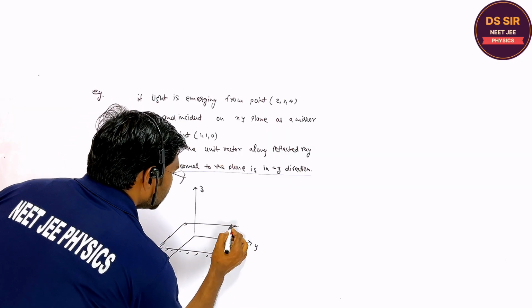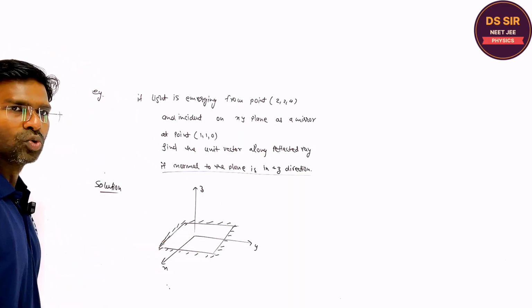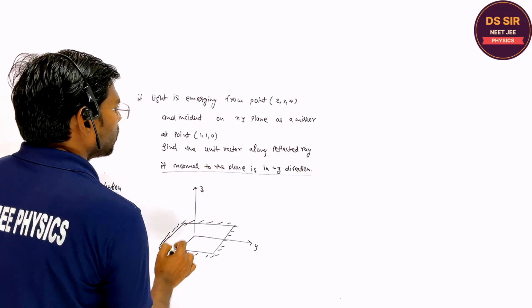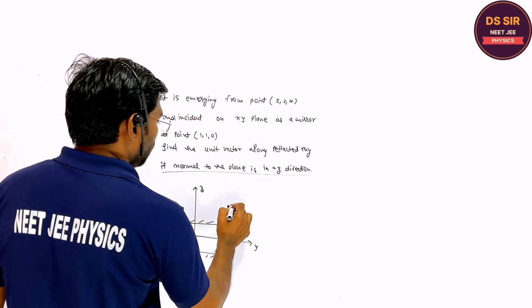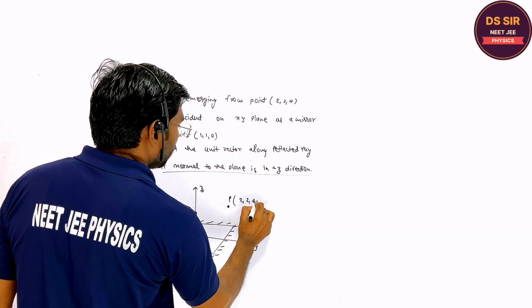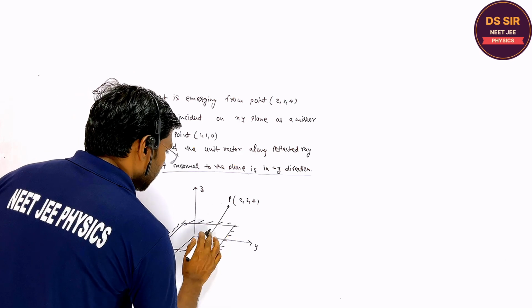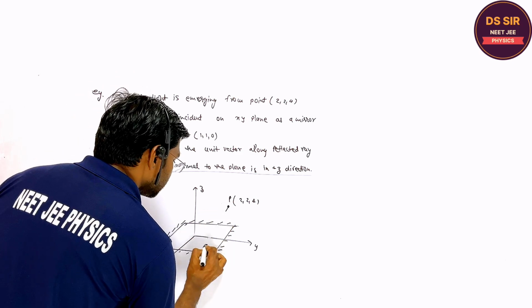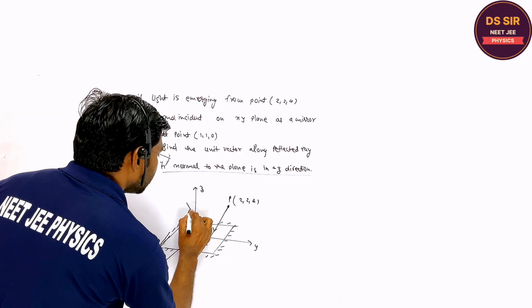The mirror is placed horizontally, and this is the normal vector. Suppose this is the point P, from where the light originates, (2, 2, 4). It is incident at some point over here, not at the origin, and it is reflected back.